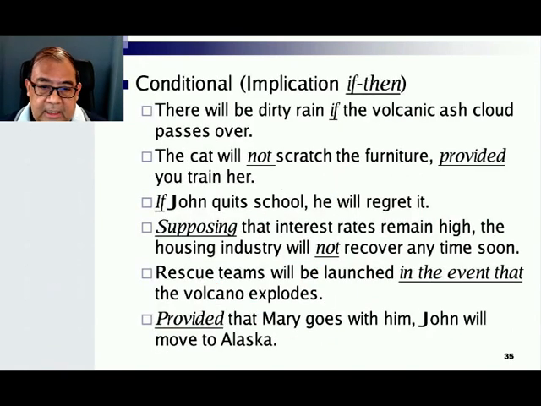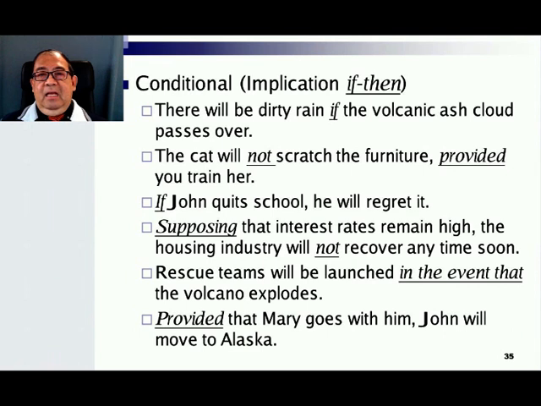Okay, so let's look at the next one. Now the next one is if then. In English, there are quite a number of words that can represent the concept of if then.